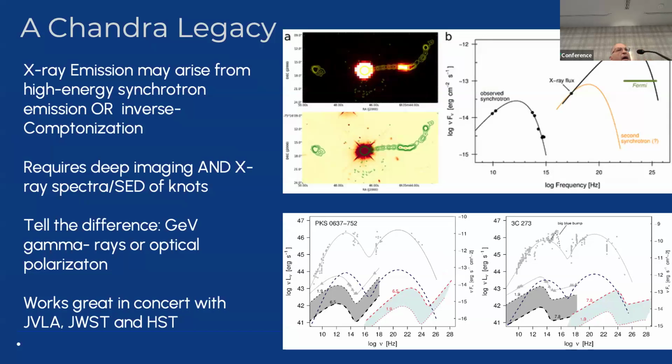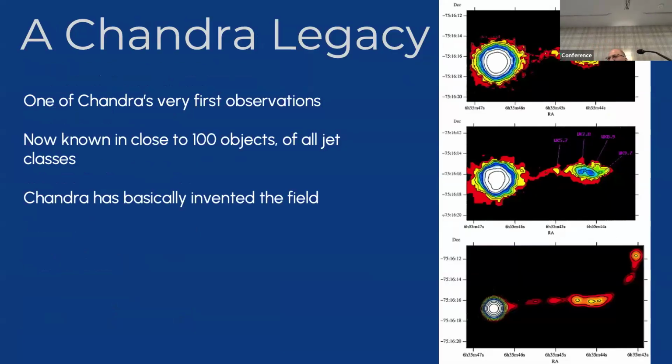Okay, so just to remind you, jets are a Chandra legacy. We found out about X-ray jets a little bit before Chandra, as Eileen mentioned, because ROSAT did see the X-ray jets of 3C273, M87, and Centaurus A, but the fact that there were a lot of these objects was really one of the first discoveries of Chandra.